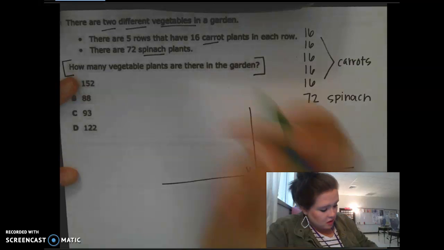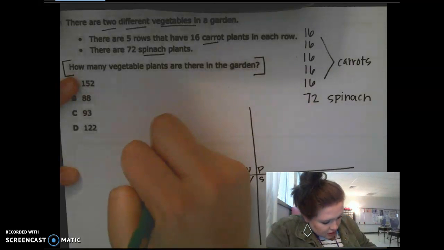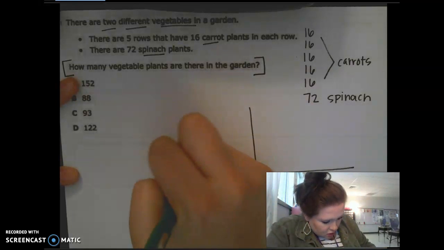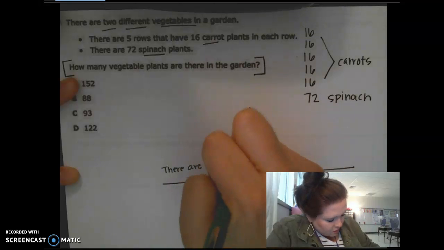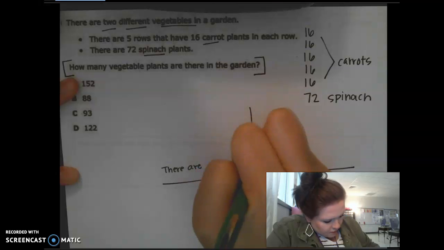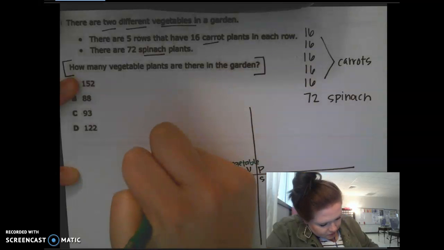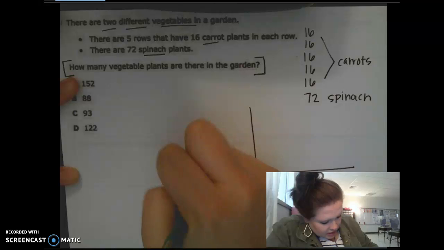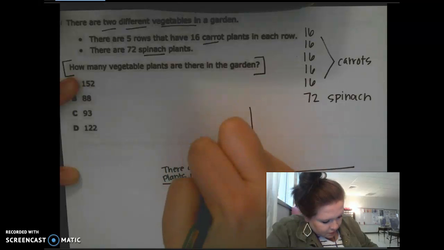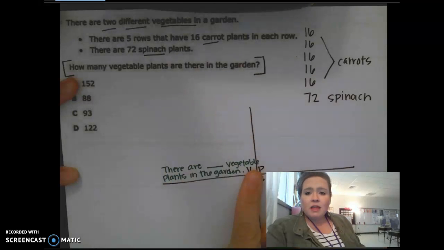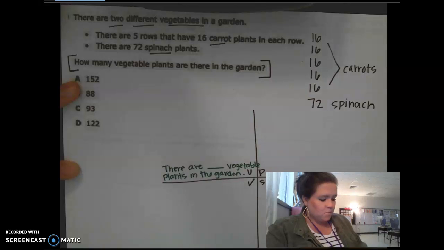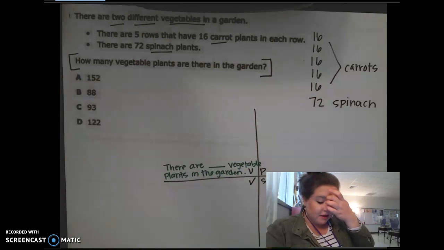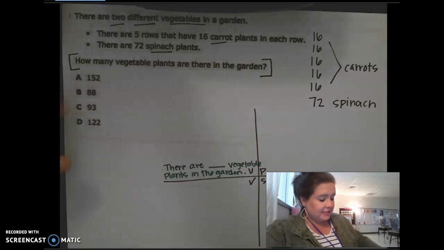Okay, my question: there are blank vegetable plants in the garden. That is taking my question and creating a statement.